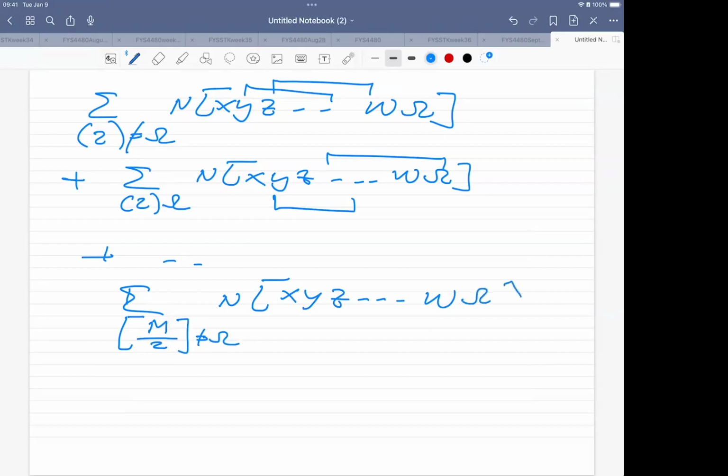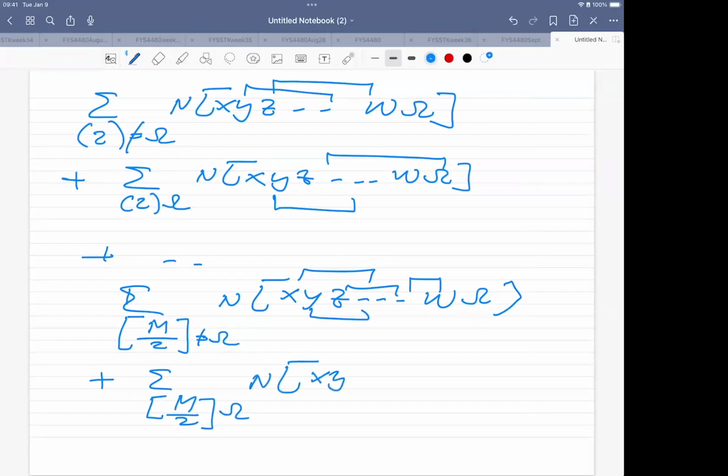So in this particular case, we have everything contracted except with omega, plus the similar sum of m divided by 2. And now we are including omega. So this includes all possible contractions.